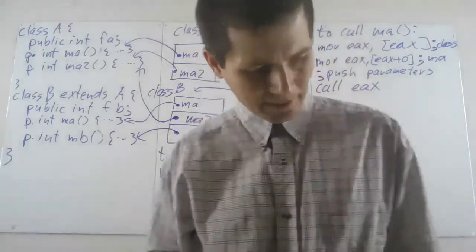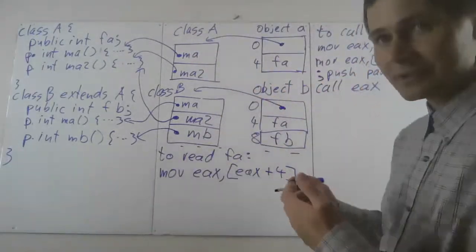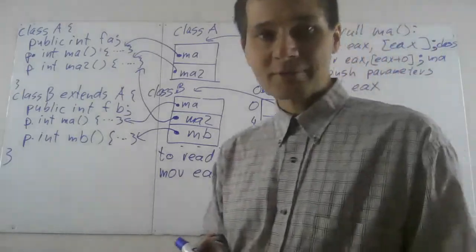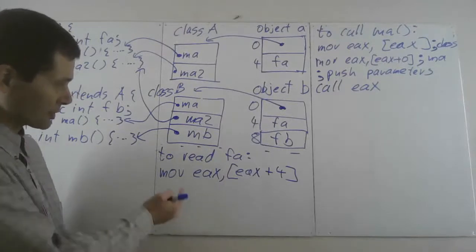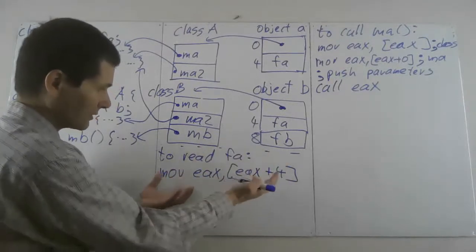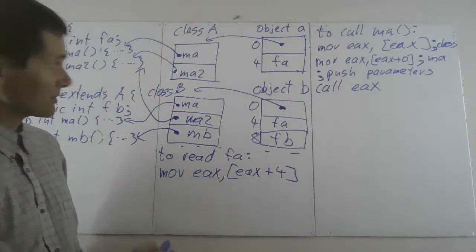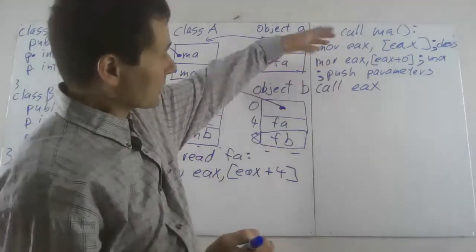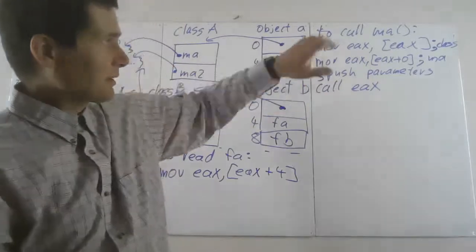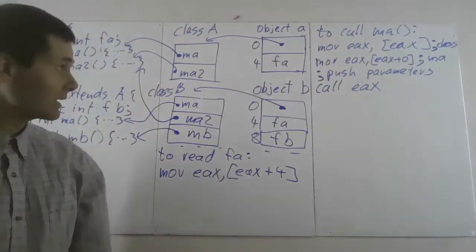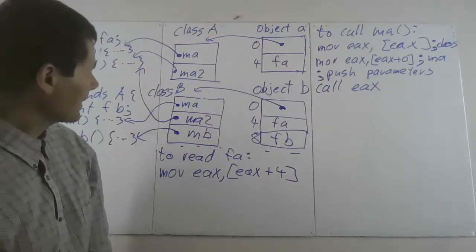So there's some nice things about this setup. First of all, runtime efficiency. Reading a field is just a single instruction here. Finding a method, well, there's two move instructions, but it's about as efficient as it could possibly be.